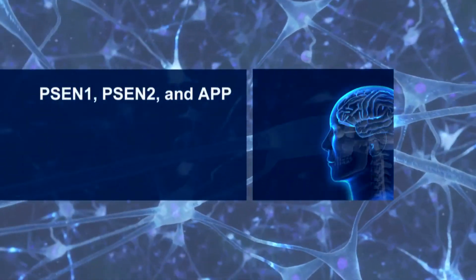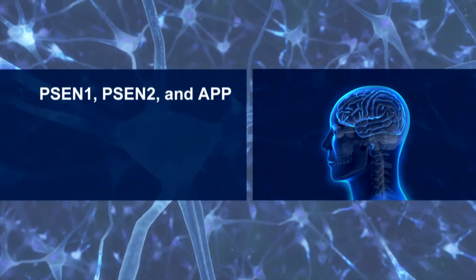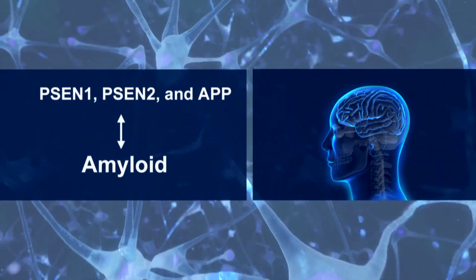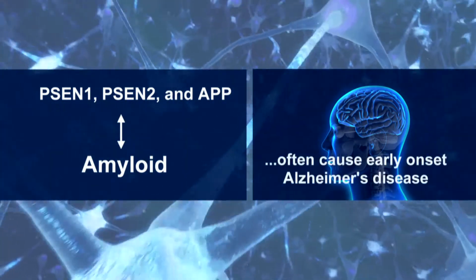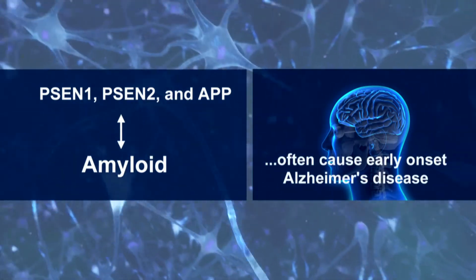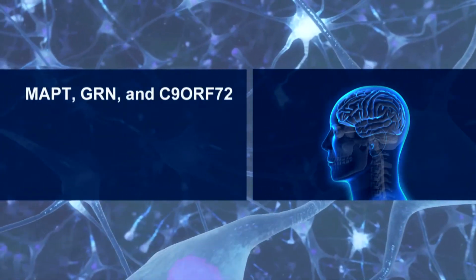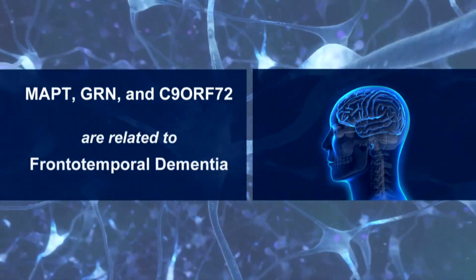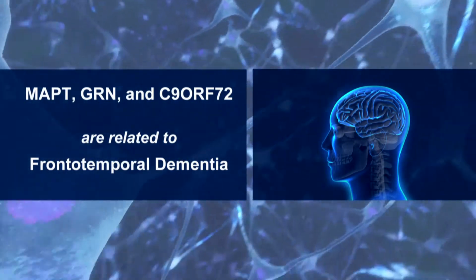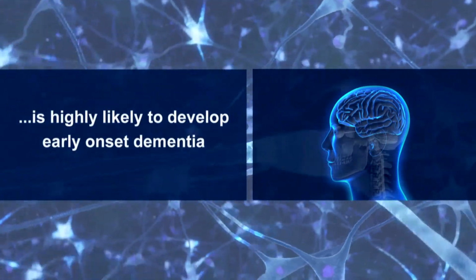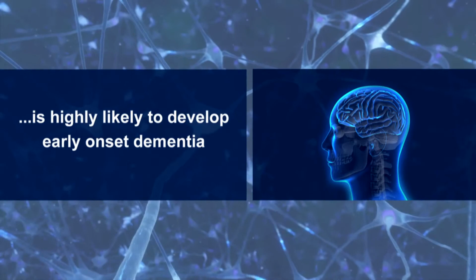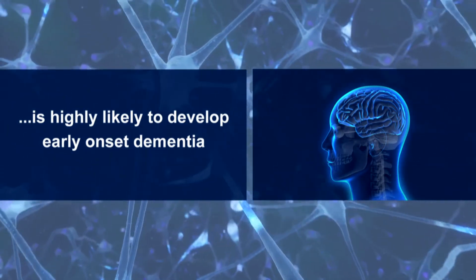The genes PSEN1, PSEN2, and APP are related to the protein amyloid, and mutations in these genes often cause early onset Alzheimer's disease. The genes MAPT, GRN, and C9orf72 are related to frontotemporal dementia. A person with a mutation in any one of these genes is highly likely to develop early onset dementia.